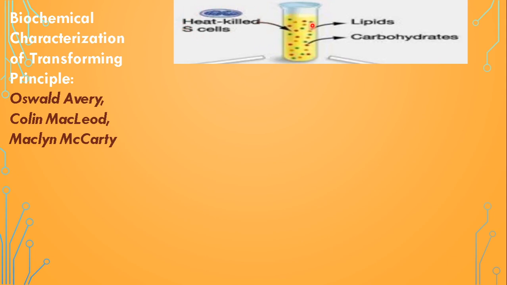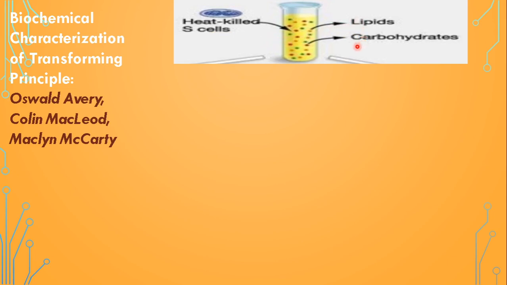In the laboratory, first they applied enzymes, lipases and amylases, by which lipids and carbohydrates were removed. They were dissolved such that the dead cells would be devoid of lipid and carbohydrate content.